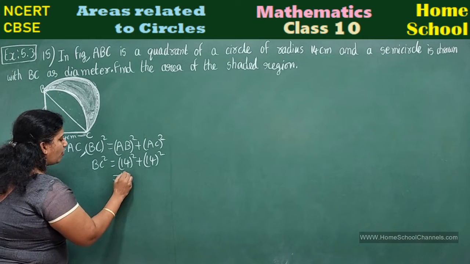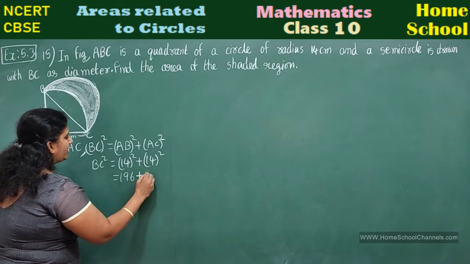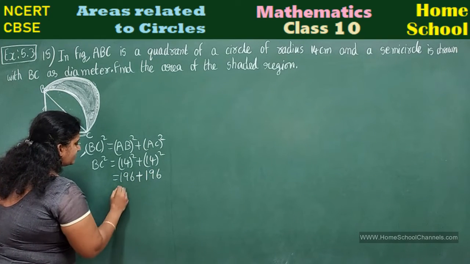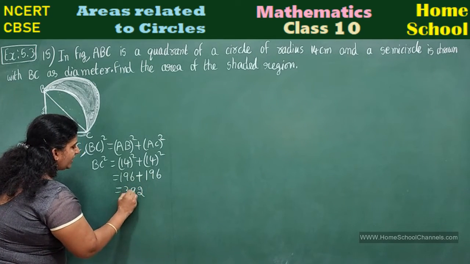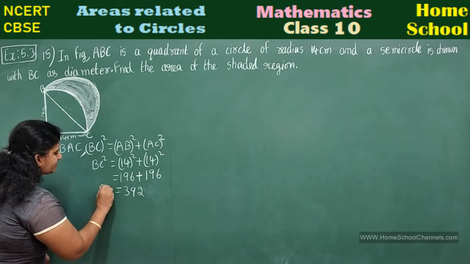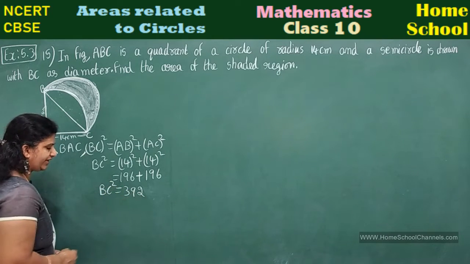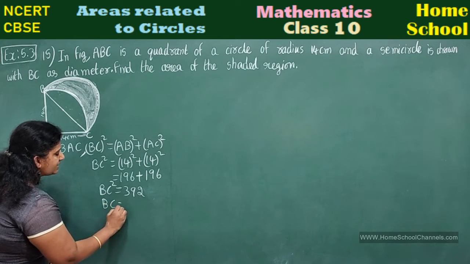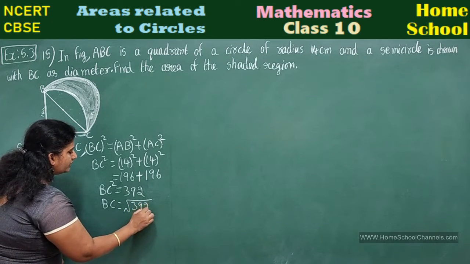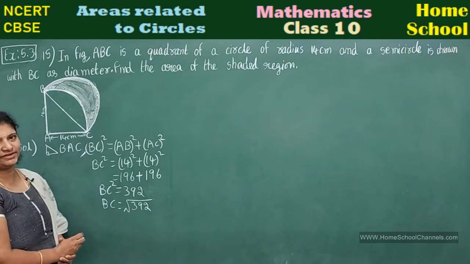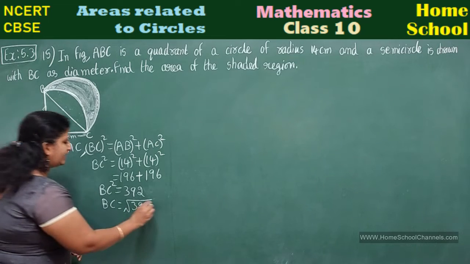14 14s are 196. 14 14s are 196. Add these two, it will be 392. That is, BC square is equal to 392. Then BC is equal to the square root of 392. 392 is not a perfect square. So how can I write this?